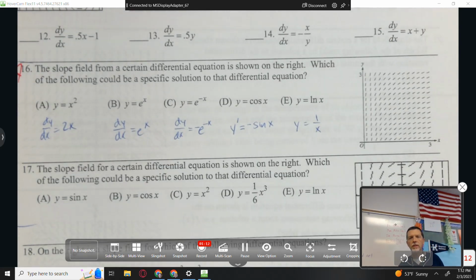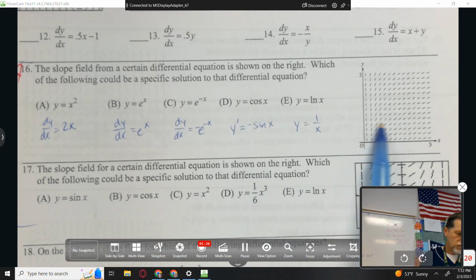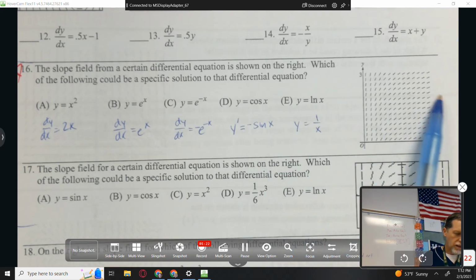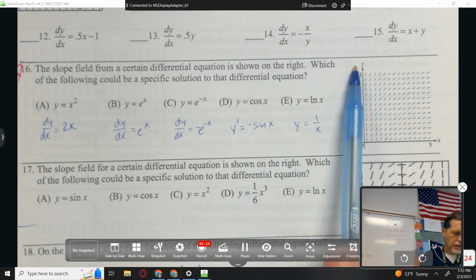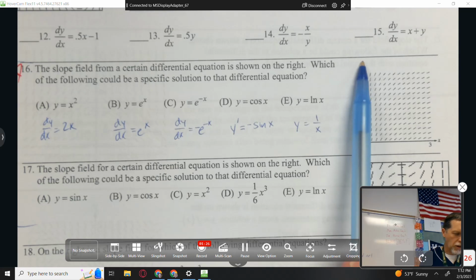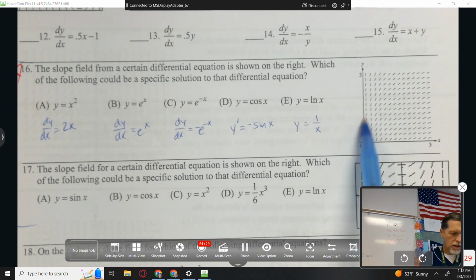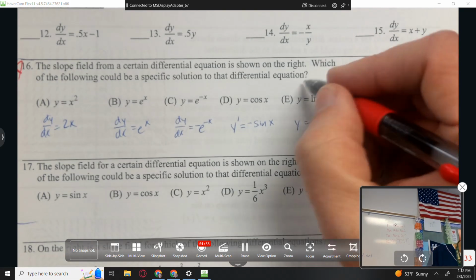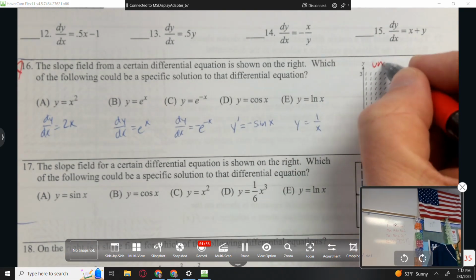Okay, we're only looking in the first quadrant. Let's see. I'm looking on here. It looks like it's undefined when x is 0. So just like things I noticed looking at the graph.